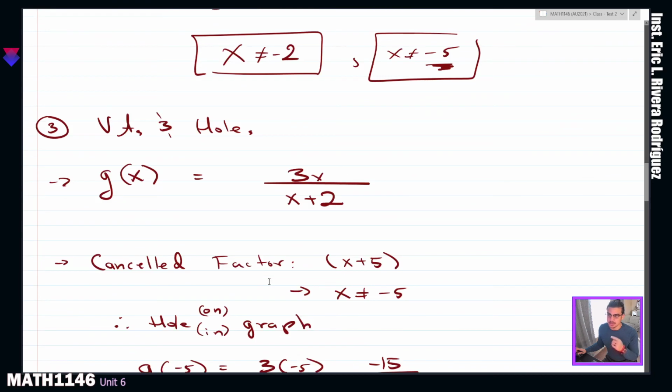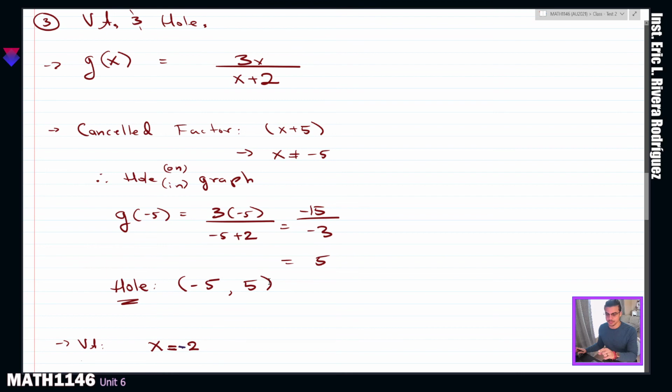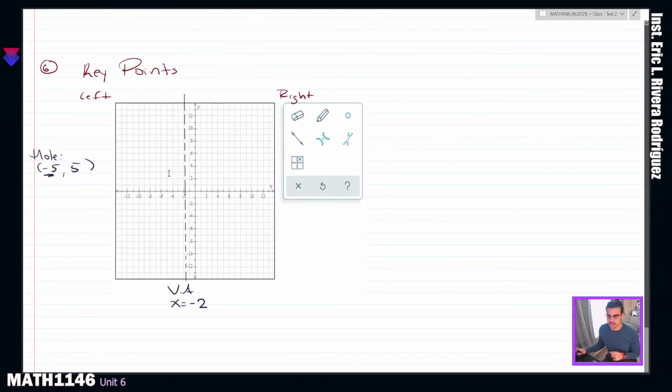The vertical asymptote is at x equals -2, because -2 is the restriction for the function. So again, the vertical asymptote is at -2. That's what we have here. Okay, -5, which is the x value of the hole, is less than -2.